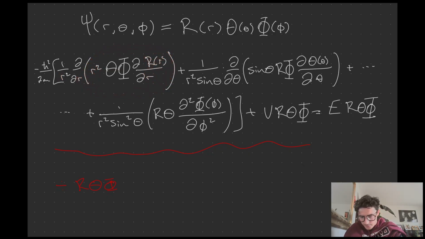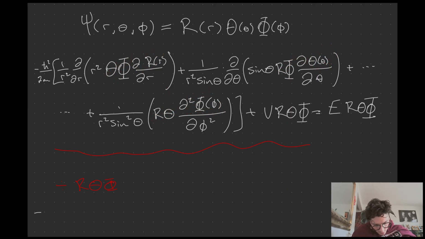In this scenario, we divide this whole thing by R Theta Phi, right? The companion of the Theta is stuck inside the partial derivative, so it cannot be canceled. But here we can cancel these two, like this and like this. So basically each term, we cancel the things outside and we replace it by 1 over its companion function that is chilling in here. Right? Is that chill? Cool.